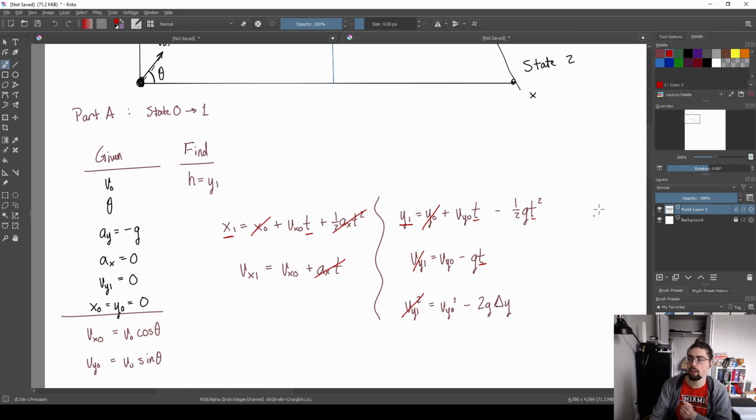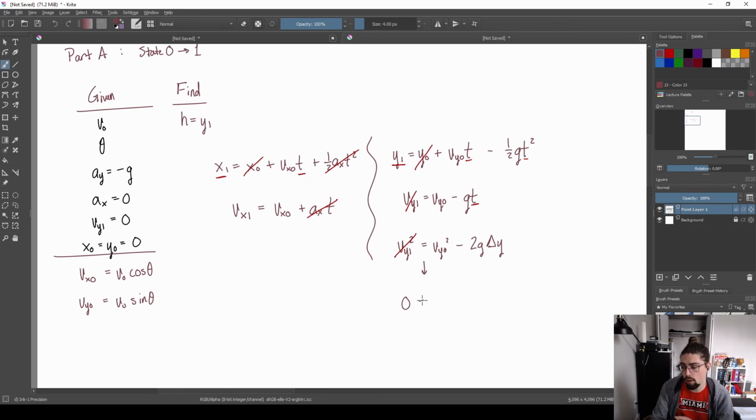Our initial y was already 0. So I could say 0 is equal to Vy0 squared minus 2g y of f. Right here, y of f is the only thing we don't know, and it's exactly what we're looking for. Or I shouldn't say y of f, I should say y1. This is exactly what we're looking for, though.